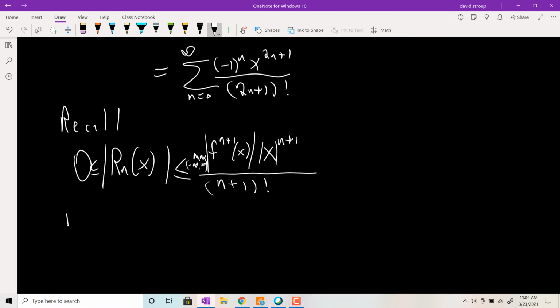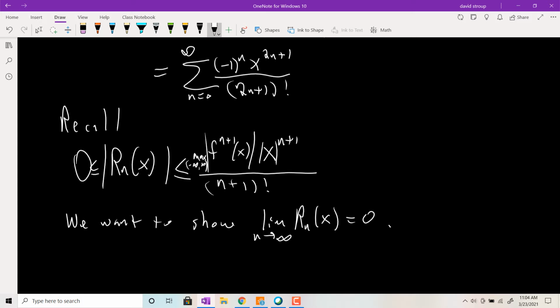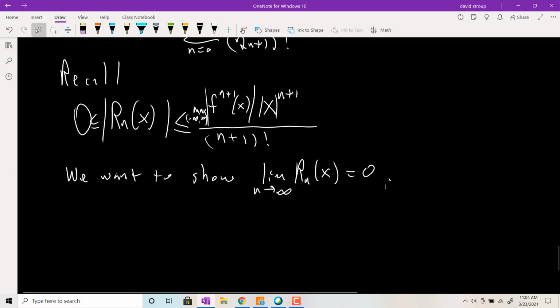We want to show the limit of R sub n of x is equal to 0 as n goes to infinity. And what we're going to do is use the squeeze theorem. So let me give you an overview of what we're going to do.